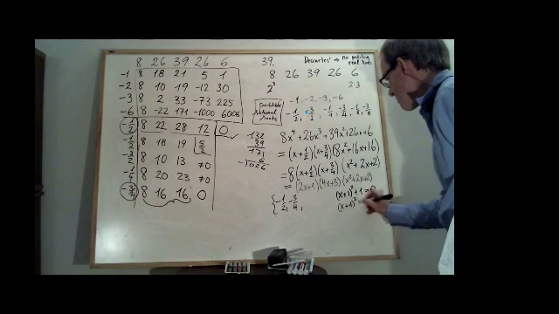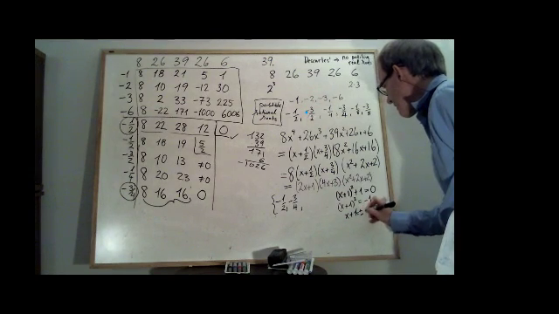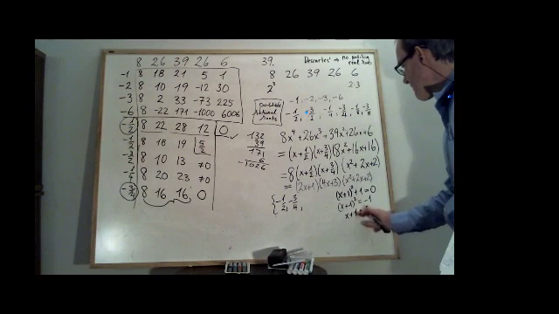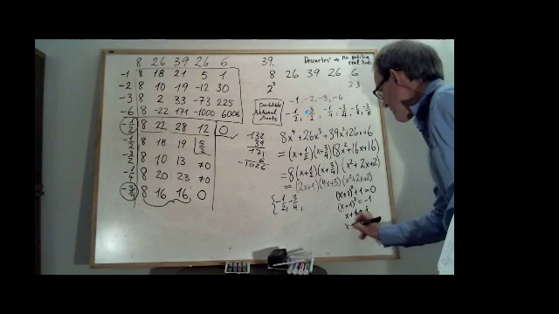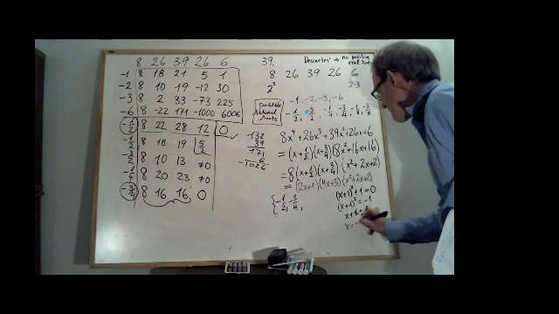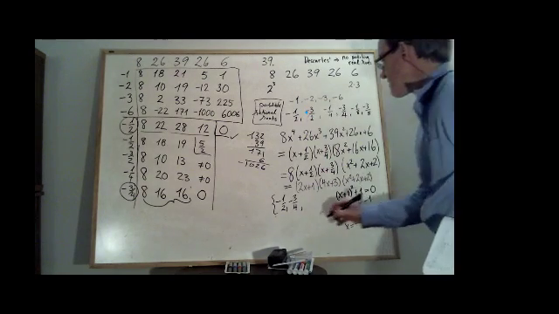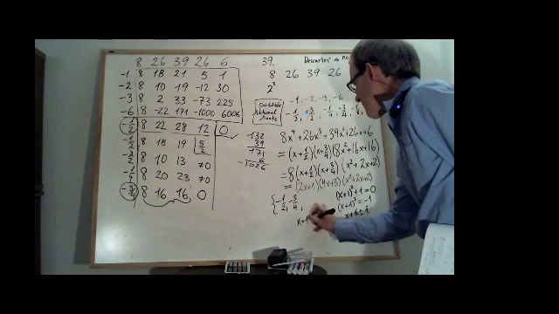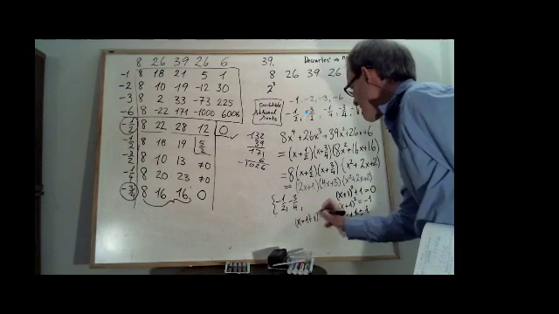X squared is equal to minus 1, which requires the use of the complex number i, so we get plus or minus i. And so x is equal to minus 1 plus or minus i are the two roots. So this factors into x plus 1 plus i, x plus 1 minus i.